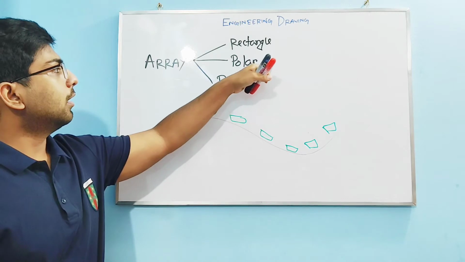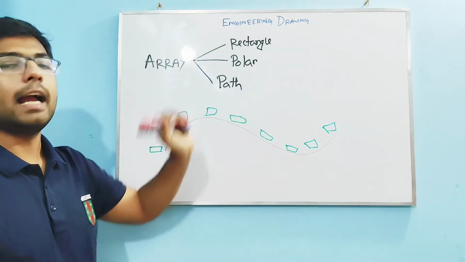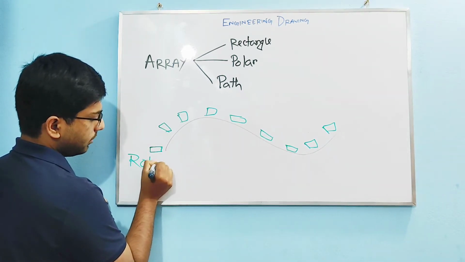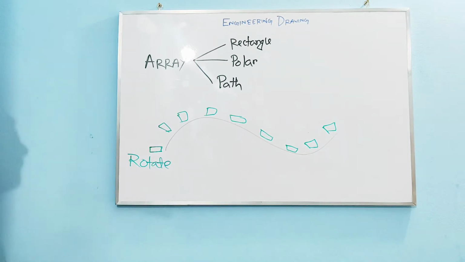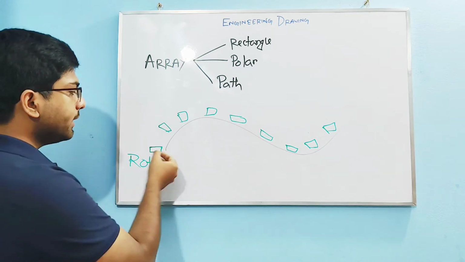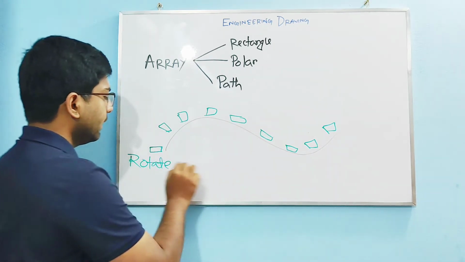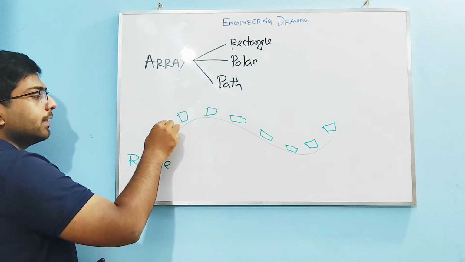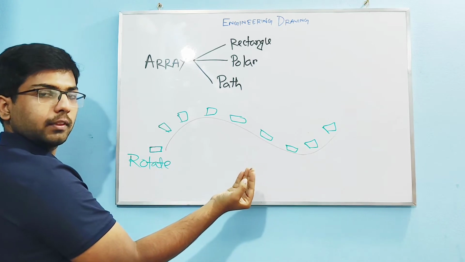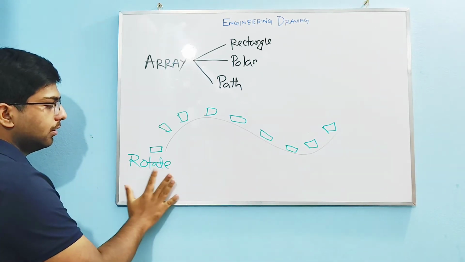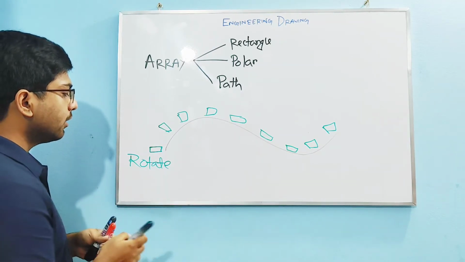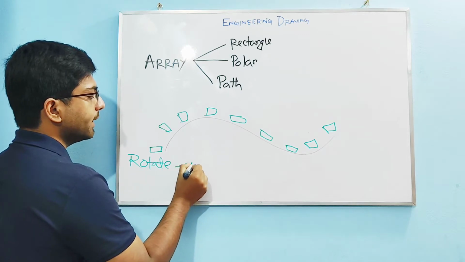In both of these commands, polar and path, there is another option, that is rotate. See this example. This was my base object, and while I was copying this base object alongside this path, this base object has been rotated according to this path. If you want it to rotate, then this rotate option for this array command should be yes.